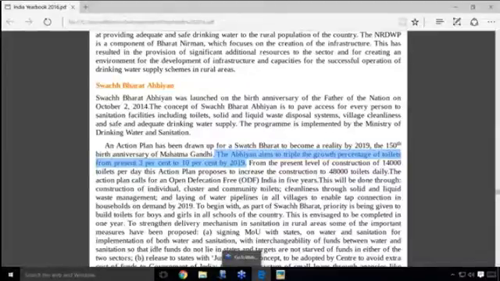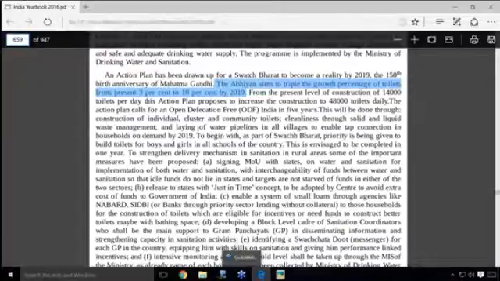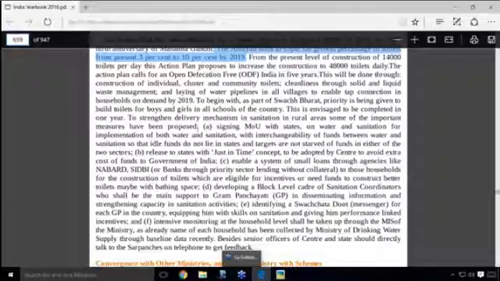So Swachh Bharat Abhiyan does not aim to eliminate open defecation throughout, but it is aiming to increase the percentage of toilets. Open defecation, it can happen when you have community toilets also in place. So this is one thing that they are planning to do.